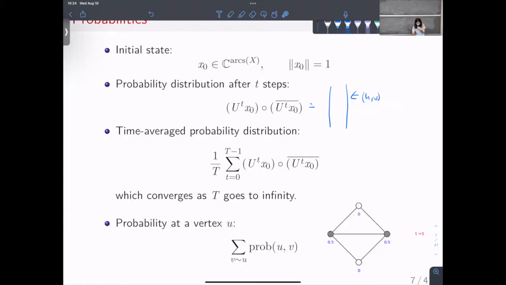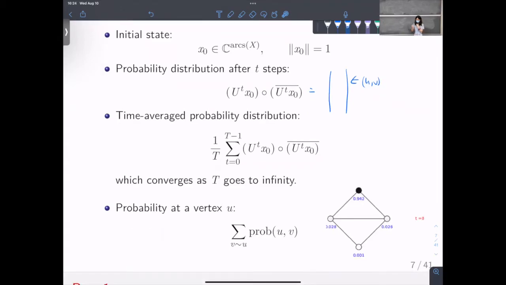And this will actually converge to a limit as t goes to infinity. So in this talk, I will focus more on this average version than the instantaneous version. Or if I want to know the probability of landing on a particular vertex but not the arc, well, that's simple. You just take all the arcs that start with this vertex and sum over that.